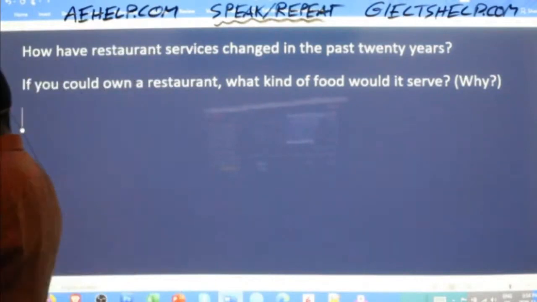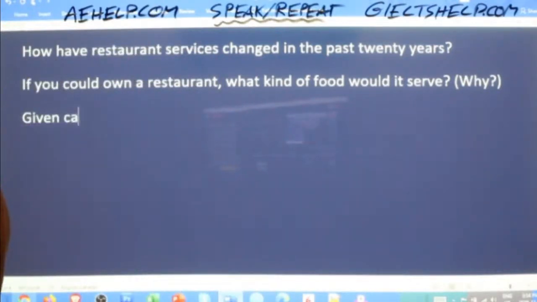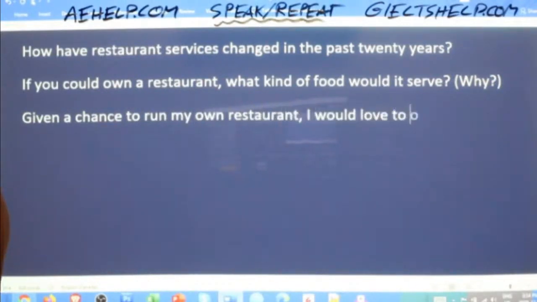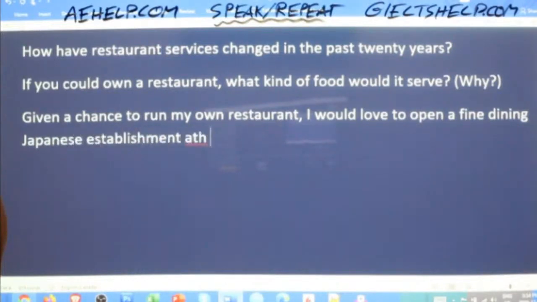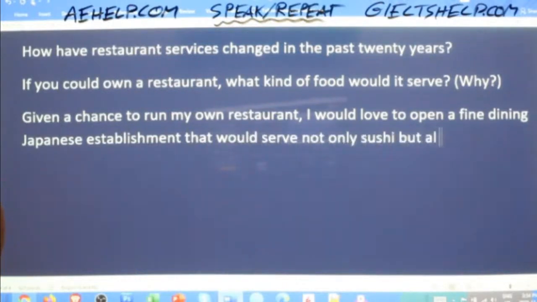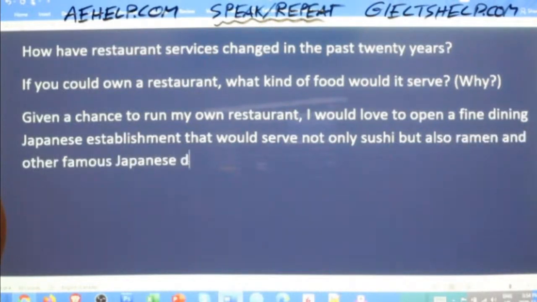Okay. So given a chance to run my own restaurant, I would love to open a fine dining Japanese establishment that would serve not only sushi, but also ramen and other famous Japanese dishes.